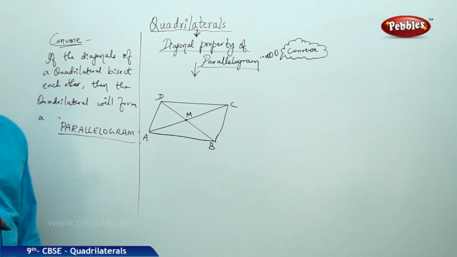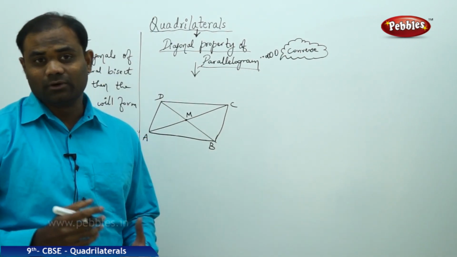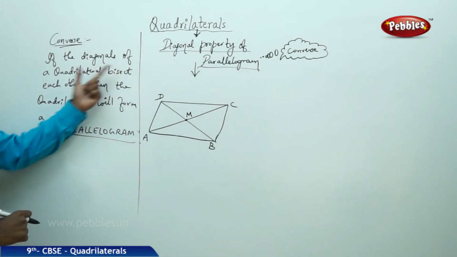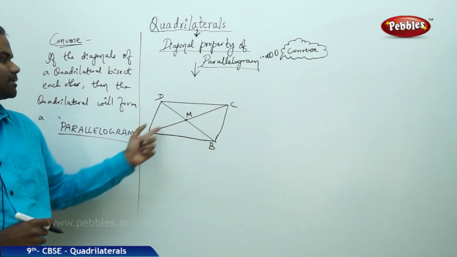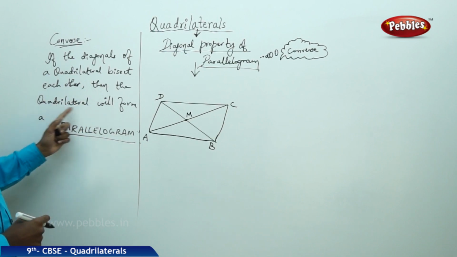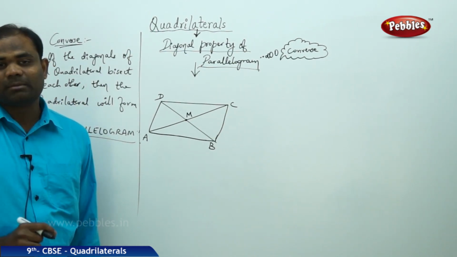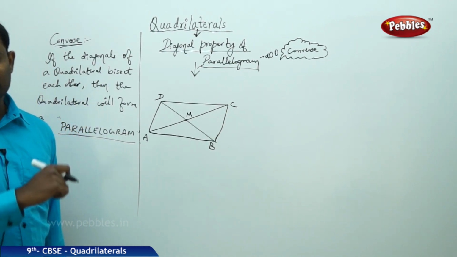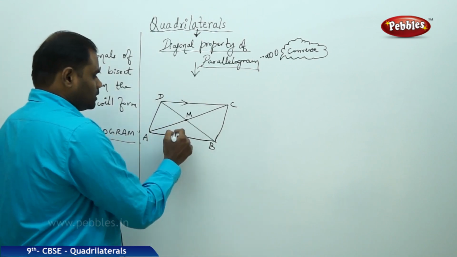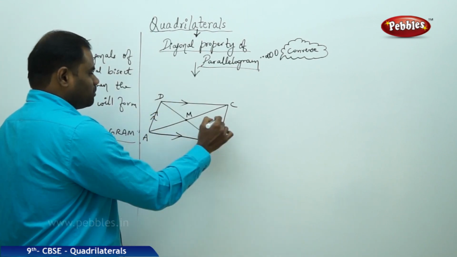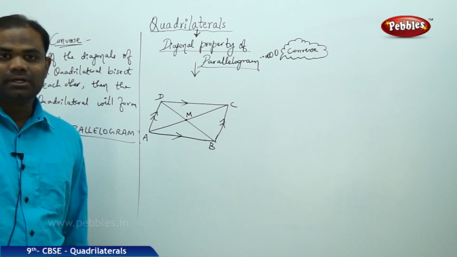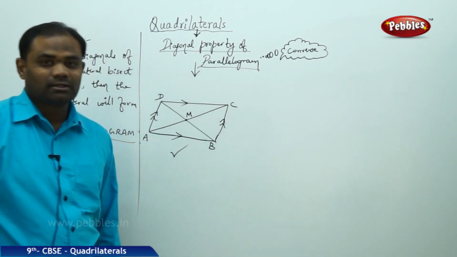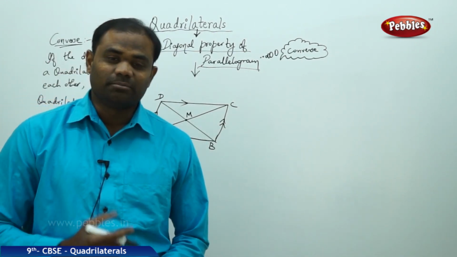Yes, the converse of the previous session holds. If the diagonals of a quadrilateral bisect each other, then the quadrilateral must form a parallelogram. They must form pairs of lines which are parallel to each other, is how I understand the converse of the previous session.